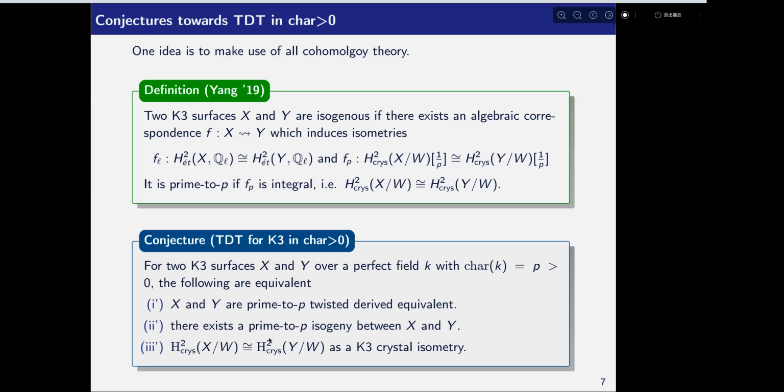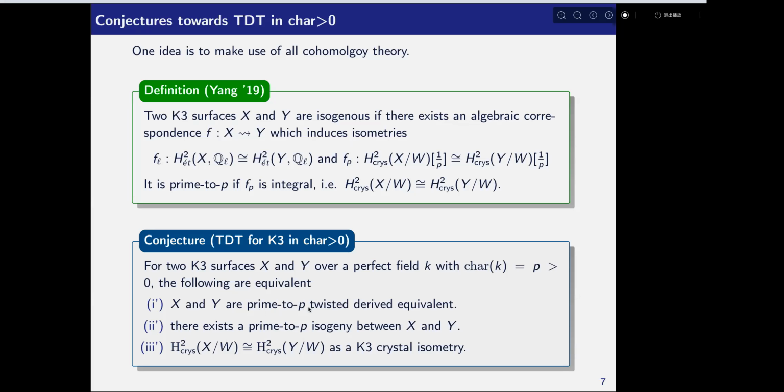Over positive characteristic fields, the interesting thing is that you have to be careful when the order is P, because there will be some trouble, and we doubt whether we can remove the prime to P condition.